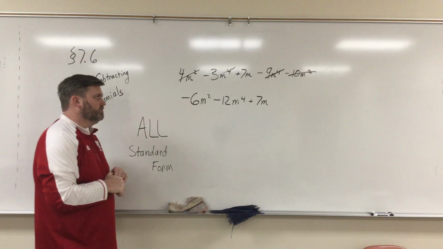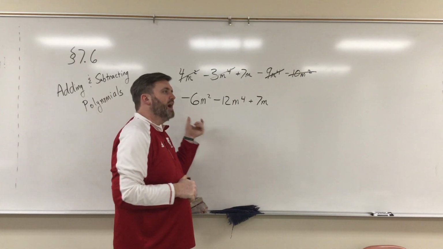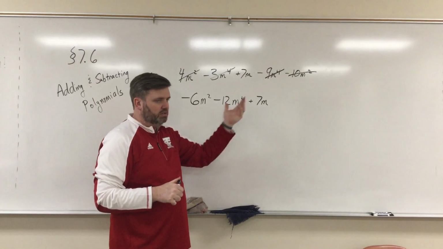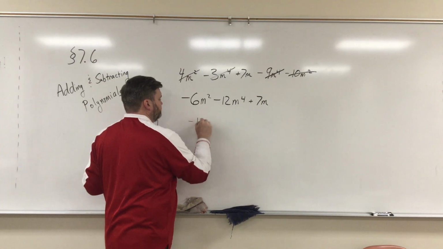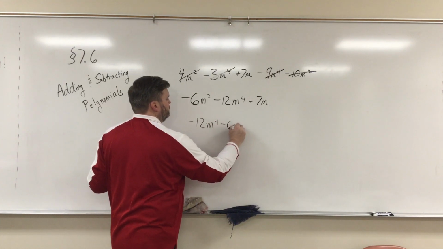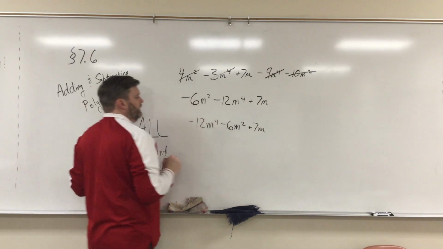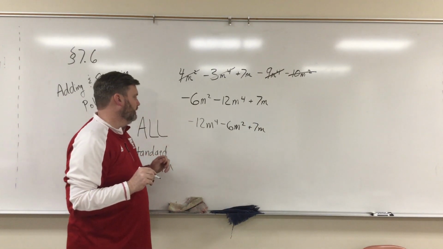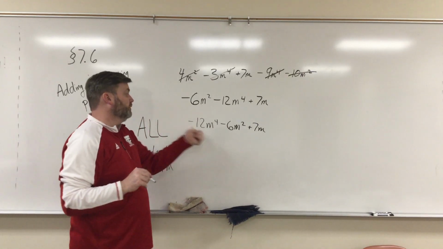Standard form means we will write these on a term-by-term basis, going from the highest degree to the lowest degree, descending order. So degree 4 is the highest degree, then degree 2, and then degree 1. So we end up with a quartic trinomial as our answer, whose leading coefficient is negative 12.